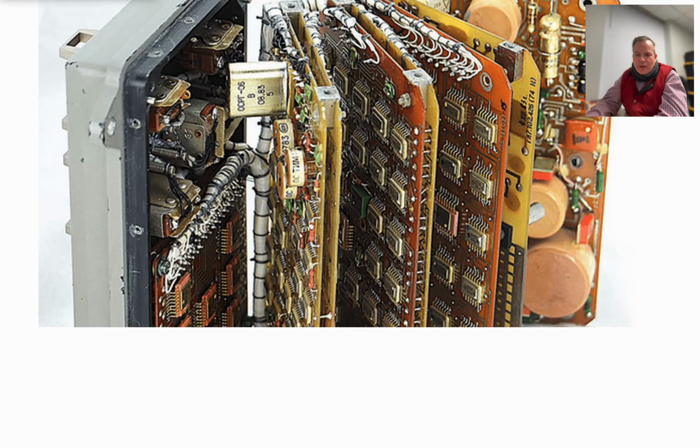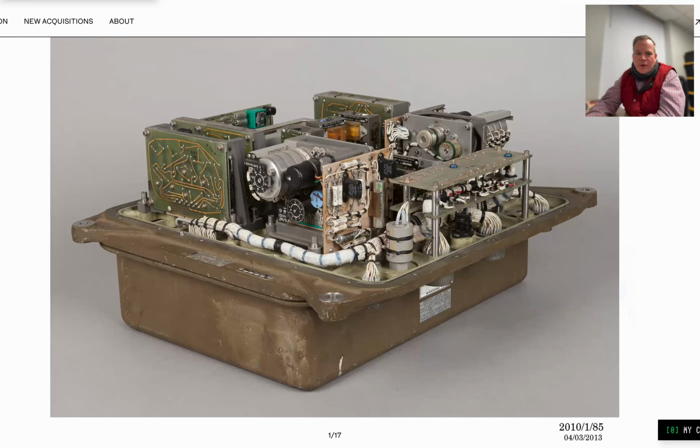So you have a hybrid system between transistors and vacuum tubes, and so we're slowly transitioning out of the vacuum tube period into the transistors, and then from the transistors we arrive at the solid state devices.